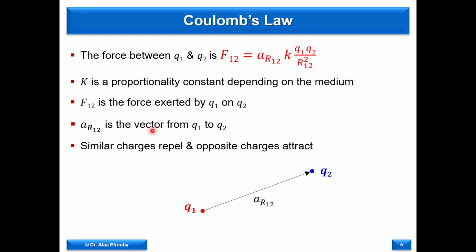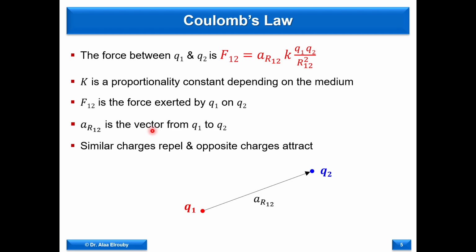This is the observation. He started to do experiments on what is affecting this force. He found that the force is inversely proportional to distance, and the force is proportional to the charge itself.